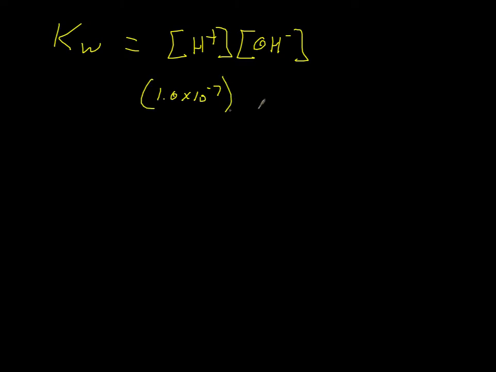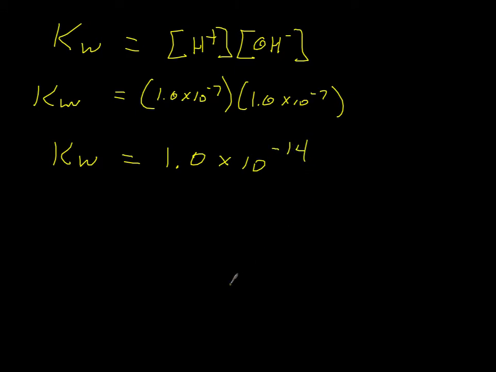If Kw is equal to H concentration times the OH concentration, and we just saw that we had a 1.0 times 10 to the negative 7th molar H concentration, and a 1.0 times 10 to the negative 7th molar OH concentration, then Kw is equal to 1.0 times 10 to the negative 14th. And that will give rise to our final equation, which actually is just this equation.